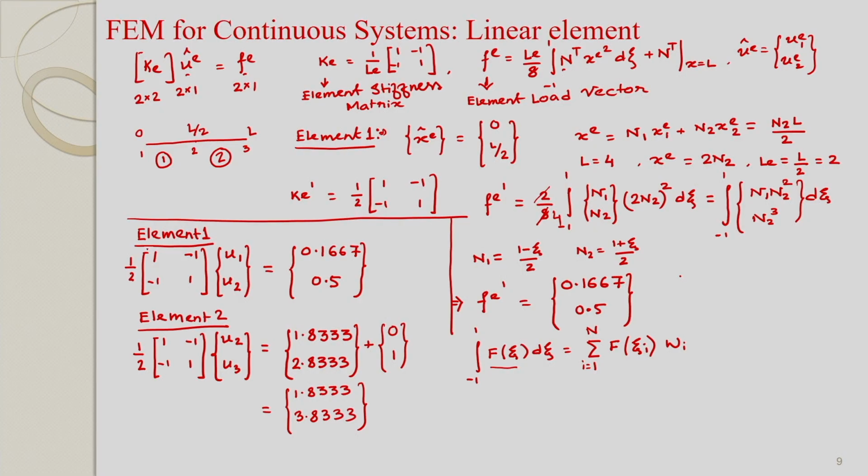For element 1, these are global degree of freedom 1, first column, global degree of freedom 2, for element 2, 2, 3, 2, 3. These are the global degrees of freedom associated with the row and the column.